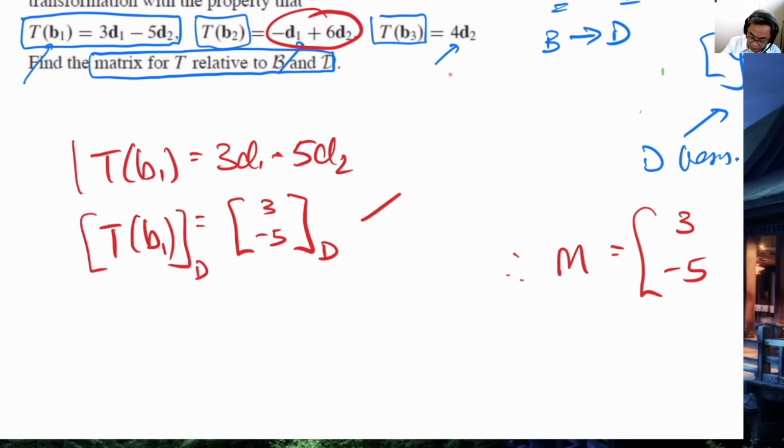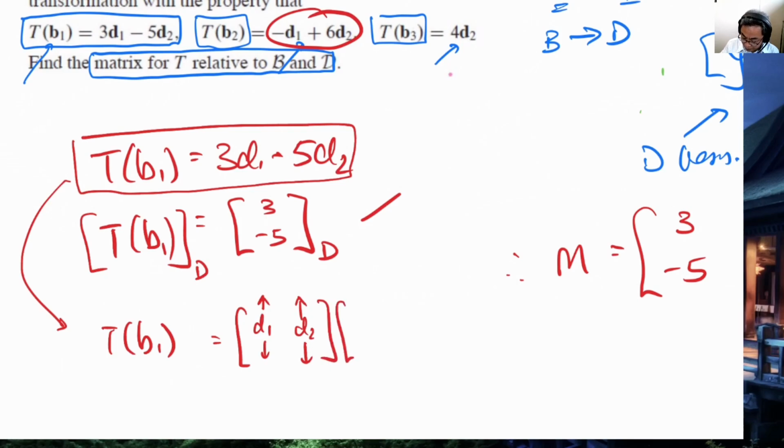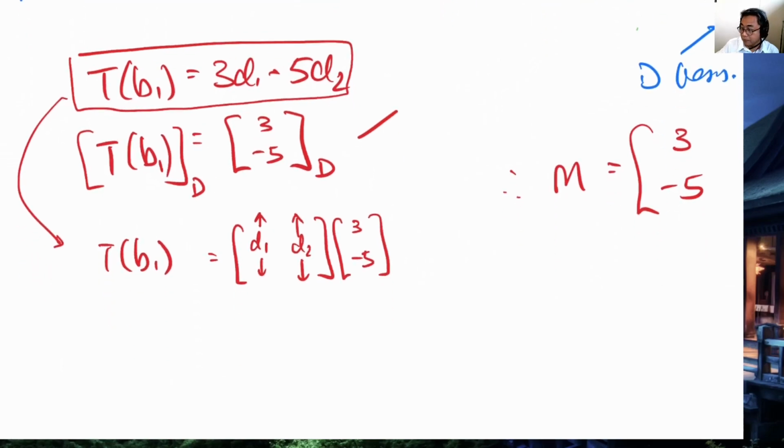We start from this equation over here, and we can express T(B1) as [D1 D2] multiplied by (3, -5). Let's just call this the D basis matrix.